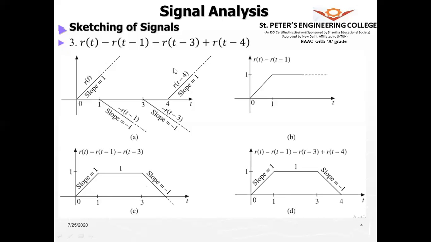Though the ramps continue up to infinity, because of the amplitudes, it will become 0. The amplitude will become 0. So this is the signal r of t minus r of t minus 1 minus r of t minus 3 plus r of t minus 4.